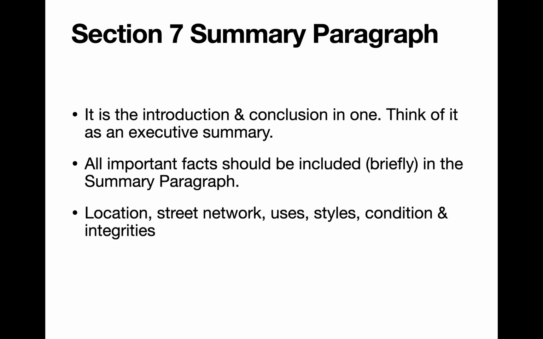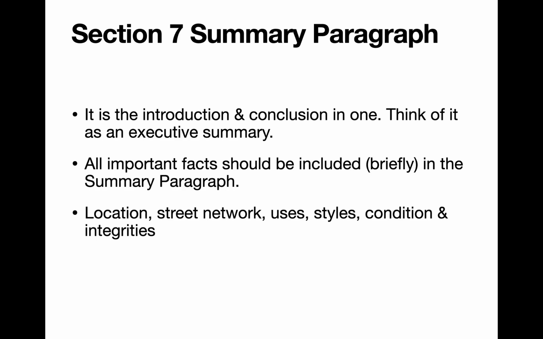So the summary paragraph is both the introduction and the conclusion of section 7. There is no conclusion in National Register nominations. There's just the summary paragraph. Think of it as an executive summary. So everything that's important should be listed in the summary paragraph and then should be discussed at length in the body of the section 7.